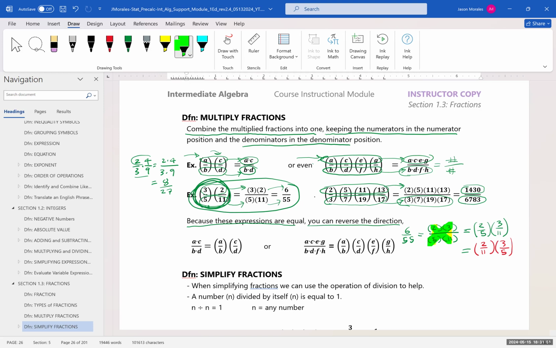That'll yield the same product of 6 over 55. All right, so starting from a fraction, you can decompose it as a product of fractions. Or naturally, if you start with multiplying two fractions, you can multiply them together to get one product, one fraction.